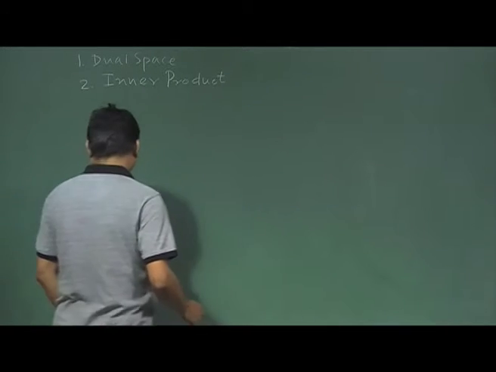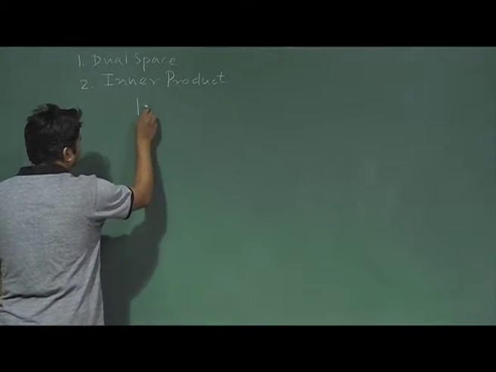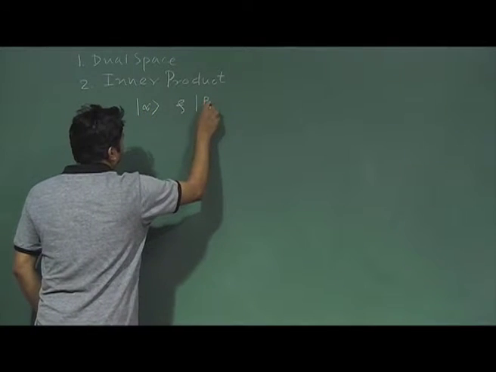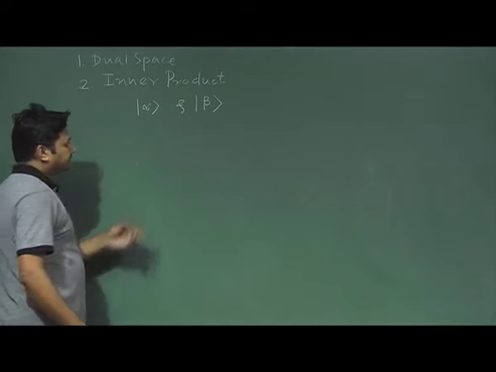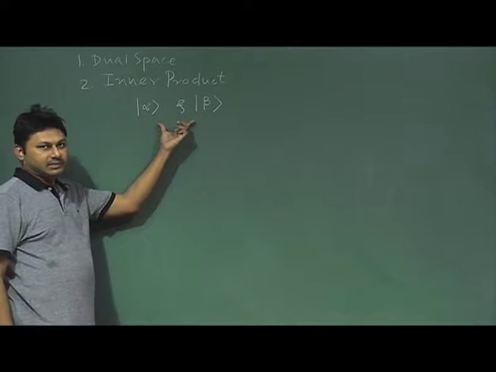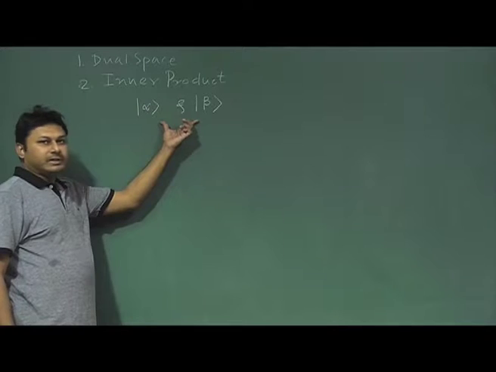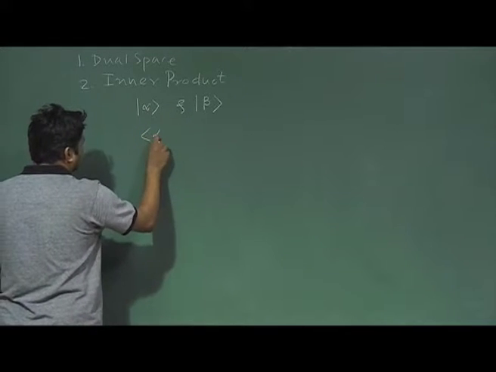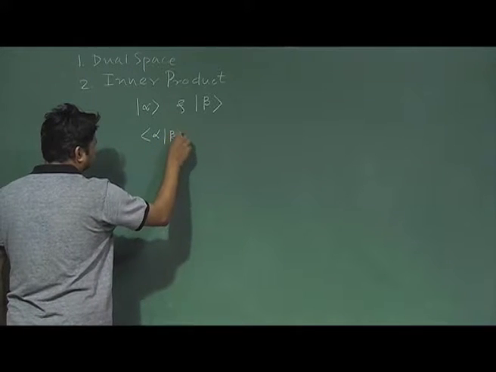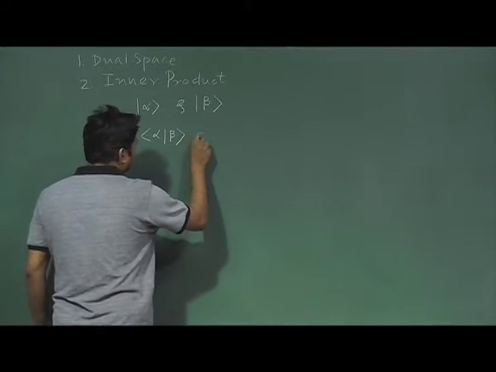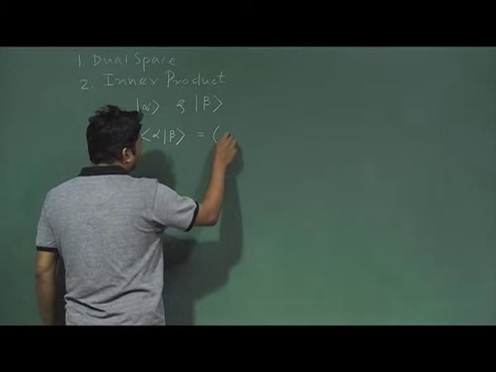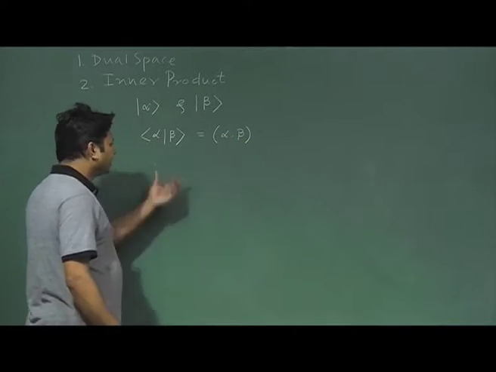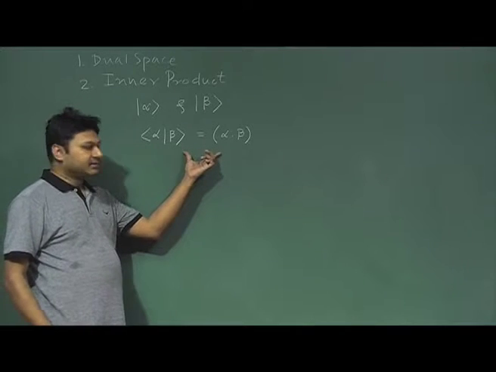If you remember, if two vectors, say alpha and beta, are given in a vector space, these are elements of a vector space, then the inner product is defined by, say, (alpha, beta). Sometimes the notation is also written differently in some places, but essentially these two are the same things.